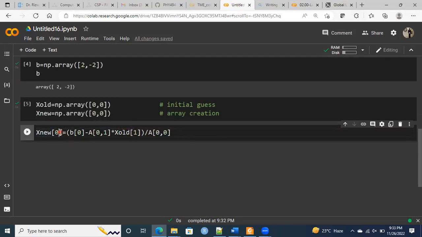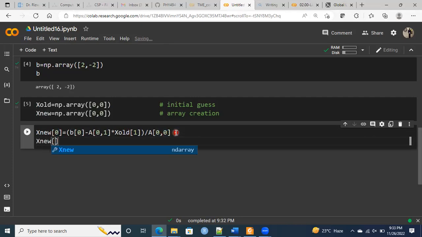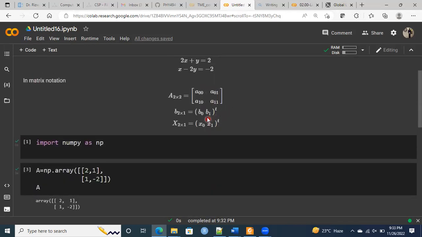So this is the transformation of this system in matrix form, and I have utilized the first equation to compute the new value of x0. Then I will say x new of 1 will come from the second equation. The second equation in matrix notation has the right hand side equals b1, and from here I am interested in getting this value.